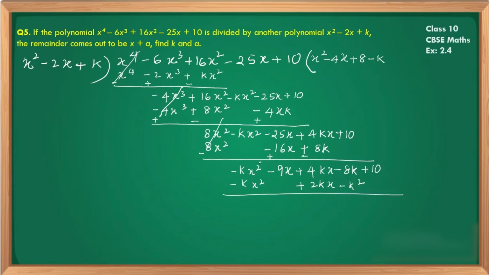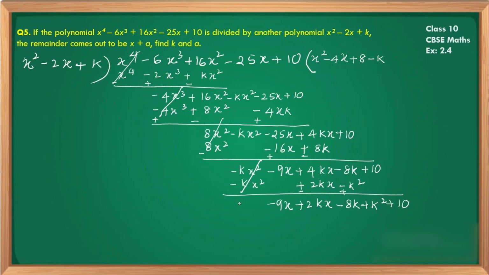Now kx square gets cancelled. Here you get minus 9x, and 4kx minus 2kx gives you plus 2kx. And these two are unlike terms. Write down minus 8k, and this becomes plus k square plus 10. Further division is not possible.